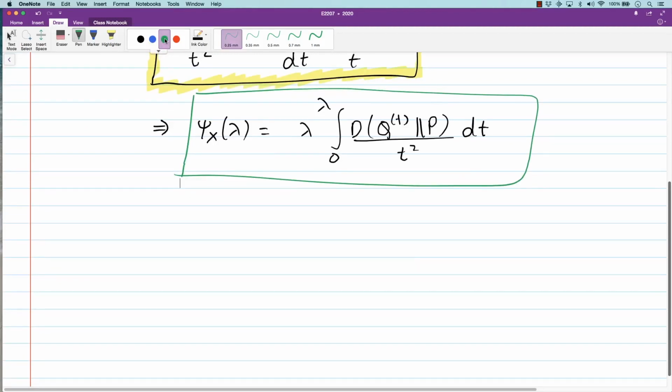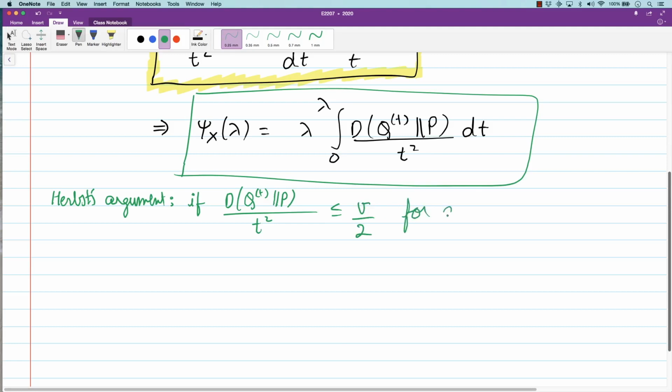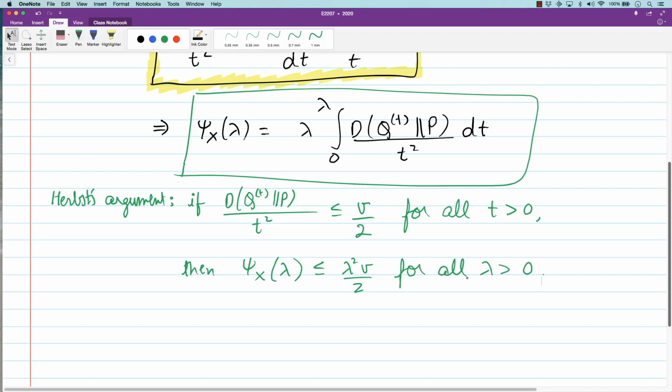So Herbst's argument says that if D(q_t || p) divided by t square is less than or equal to, say, v by 2 for all t greater than 0, then the log moment generating function is less than or equal to lambda square v by 2 for all lambda greater than 0, because you integrate v by 2. Okay, so this is Herbst's argument.